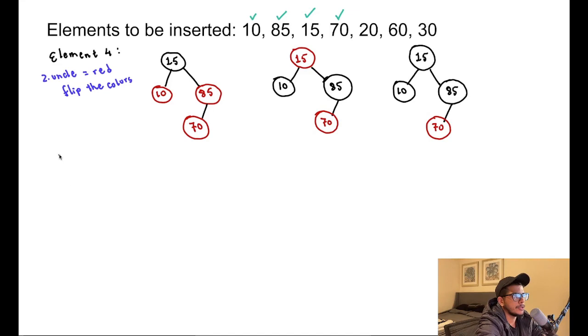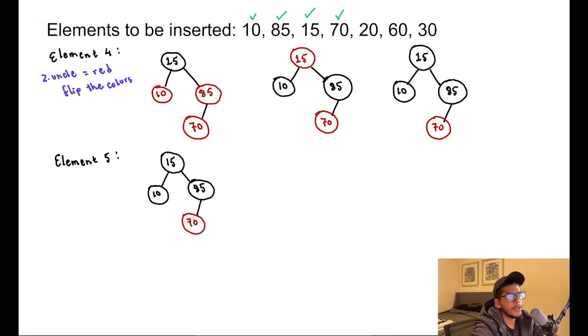Now let's insert element 5. Now let's see where do we insert element 20. 20 is greater than 15, so it's gonna go in the right subtree. 20 is smaller than 85, it's gonna go in the left subtree. 20 is smaller than 70, so it's gonna go in the left subtree.